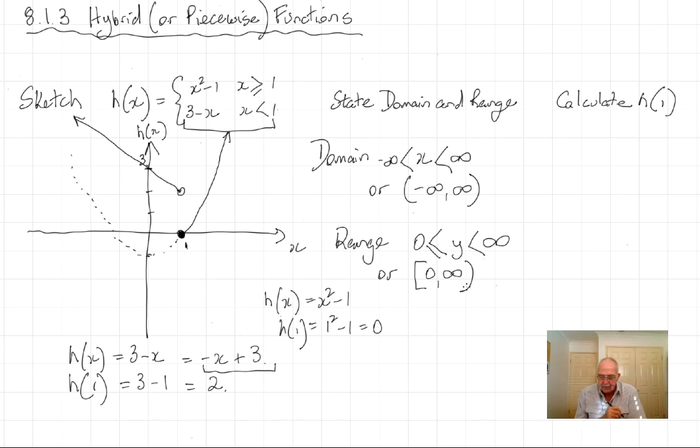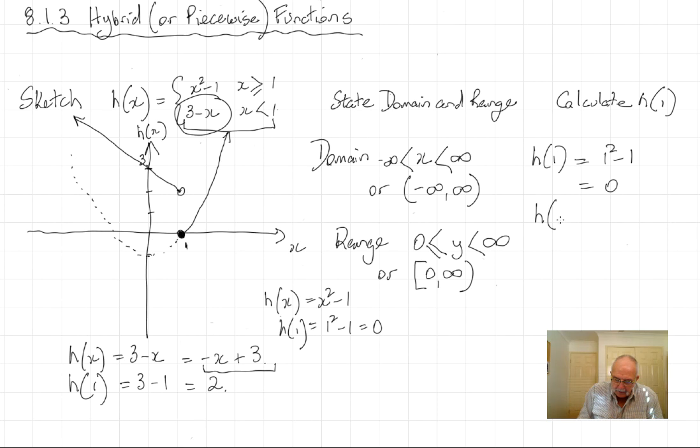All right, so the next thing is to calculate h of 1. Now, if there are any x values less than 1, we would use this function here, 3 minus x, anything less than 1. Anything 1 or more, we use x squared minus 1. So h of 1, we're going to use that one. Now we've already done that down here. We're going to use the 1 squared minus 1, the x squared minus 1 piece of the function, and we get 0.